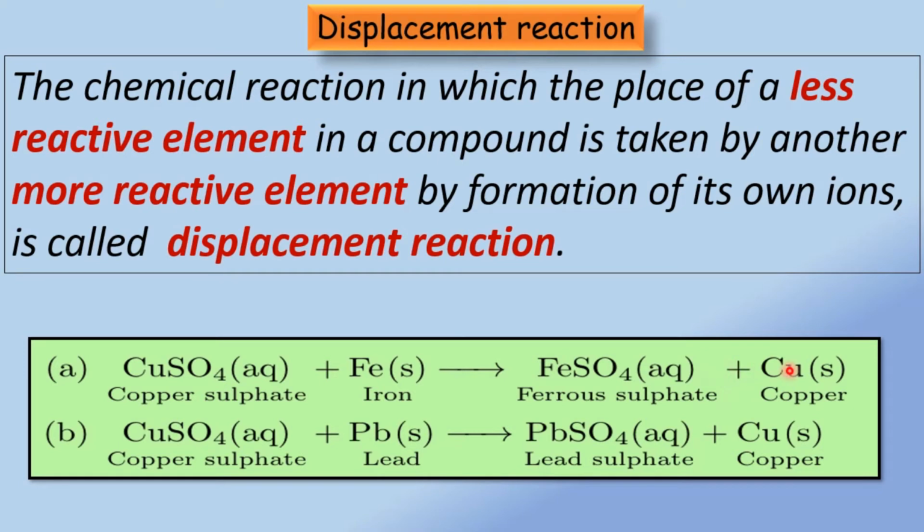Here, iron being more reactive than copper displaces copper from its solution to form ferrous sulfate solution. In reaction B, lead being more reactive than copper displaces copper from its solution to form lead sulfate.